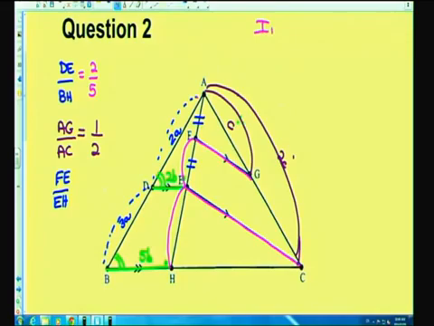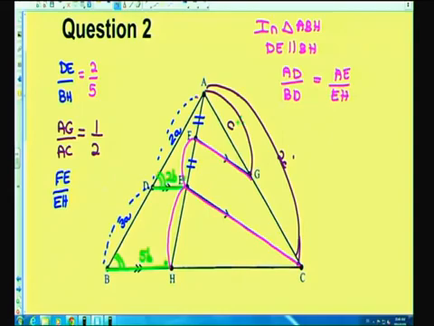So I'm going to say in triangle ABH, I know that DE is parallel to BH, and because of that I can say AD over BD is equal to AE over EH.